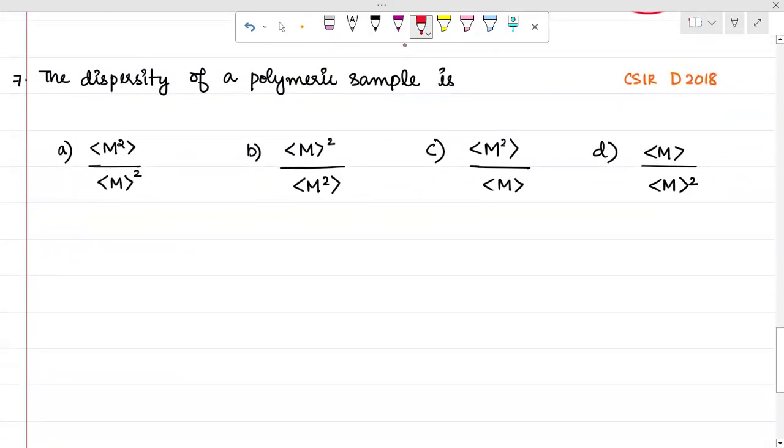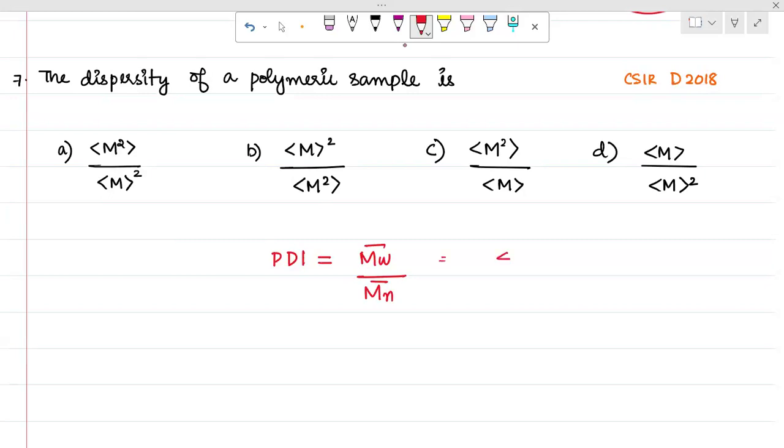Next question. This is a very nice question. The dispersity of a polymeric sample is, again from PDI. We know that PDI is equal to Mw bar divided by Mn bar. This is simply how you write the notation. Let's try. Now what is Mw bar?